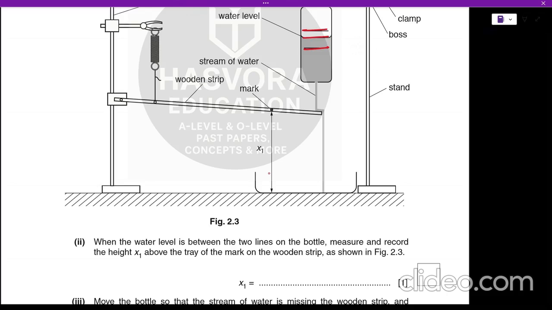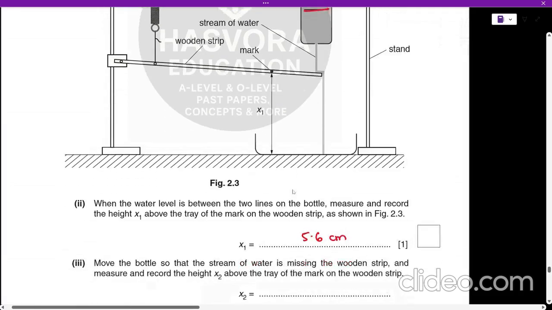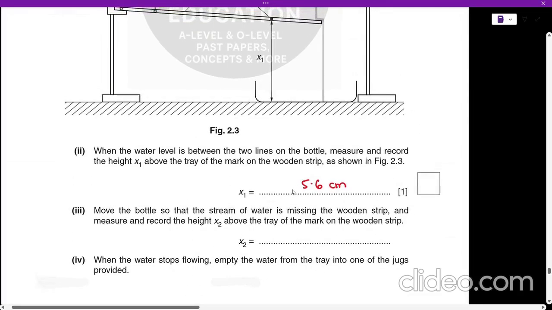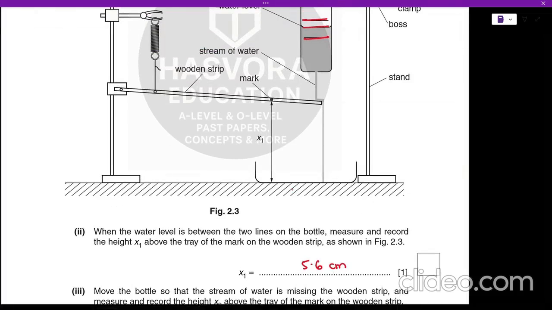So we are going to be measuring this. So let's assume this is 5.6 centimeter. Then they are telling us to move the bottle so that the stream of the water is missing the wooden strip and to record the height x2 above the tray of the mark on the wooden strip. So we have to move the bottle a bit, moving this point towards the left, so that the stream actually misses this wooden strip and just passes vertically.